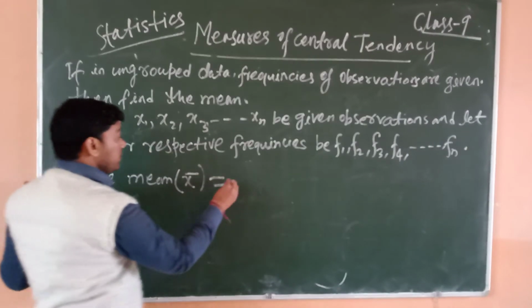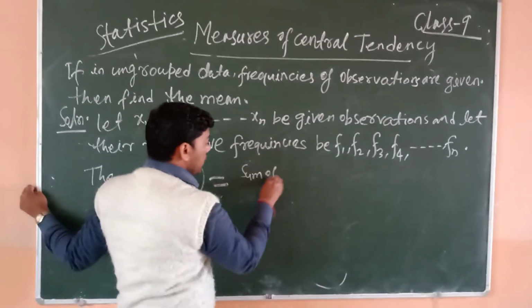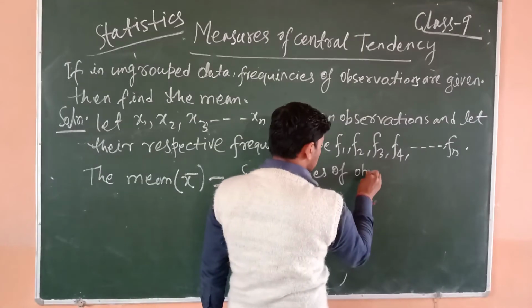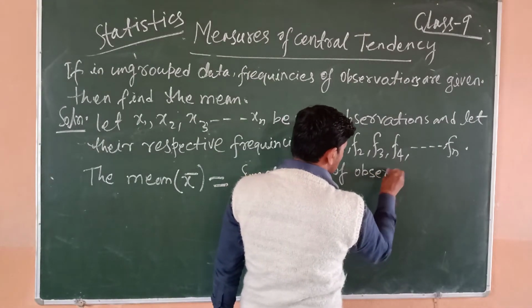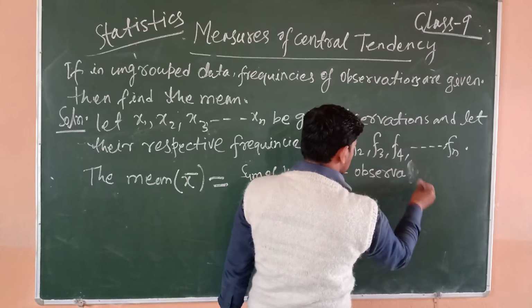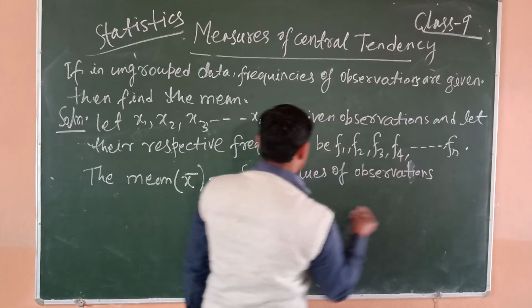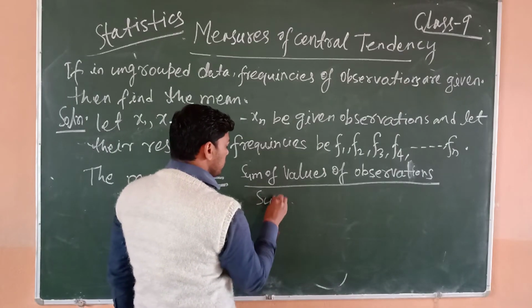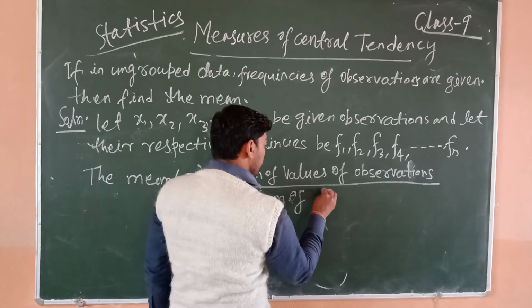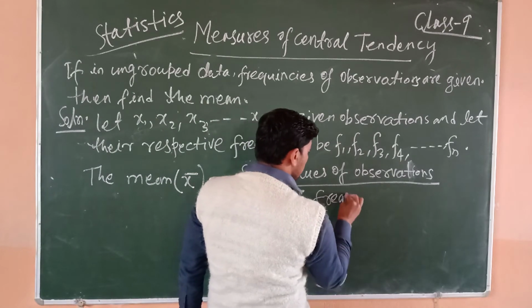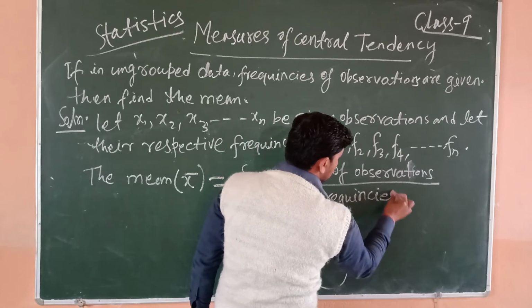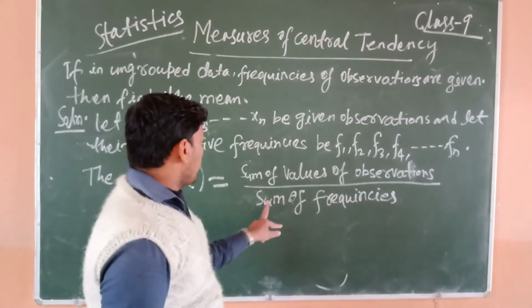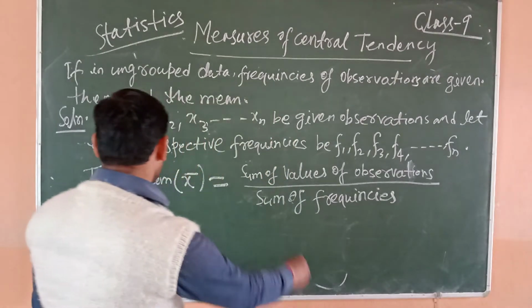So mean will be sum of values of observations upon sum of frequencies.